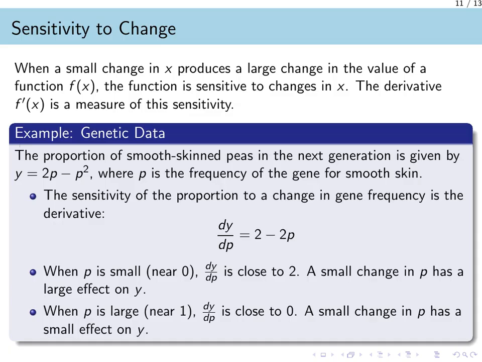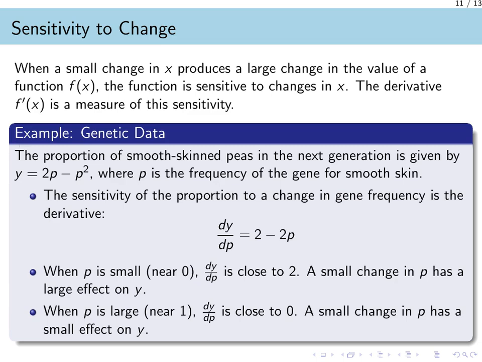For example, in genetics, the proportion of peas with smooth skin, y, is related to the gene frequency, p, by the function y equals 2p minus p squared. Sensitivity is its derivative, dy/dp, which equals 2 minus 2p.